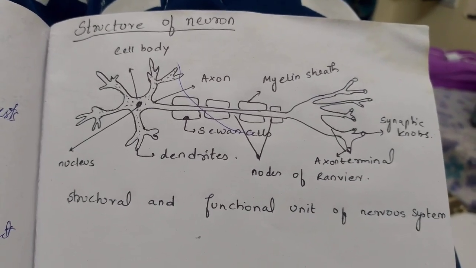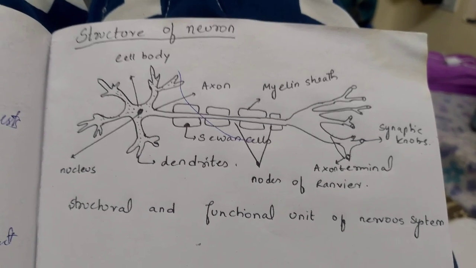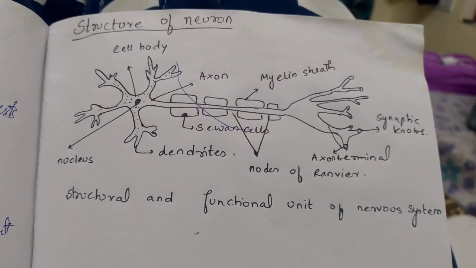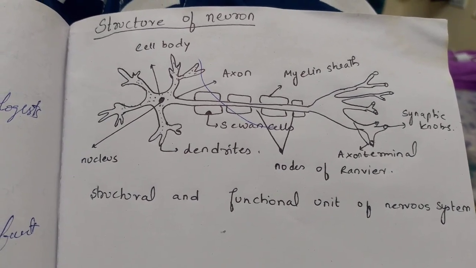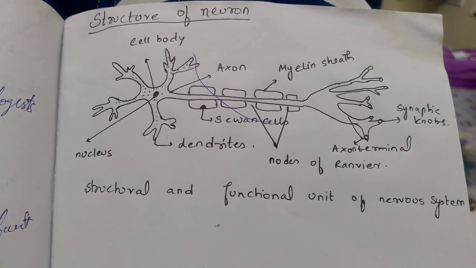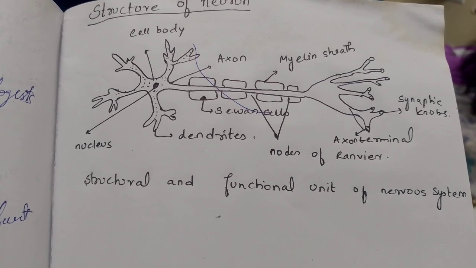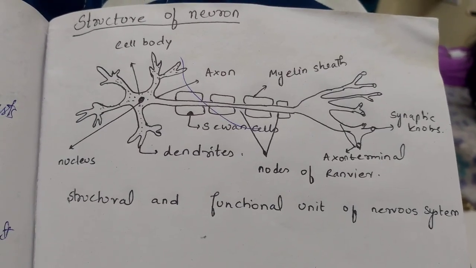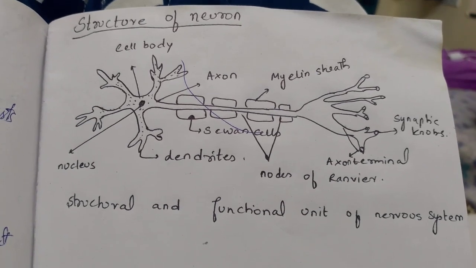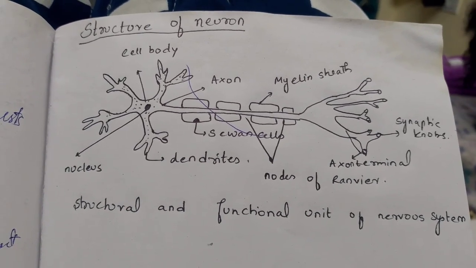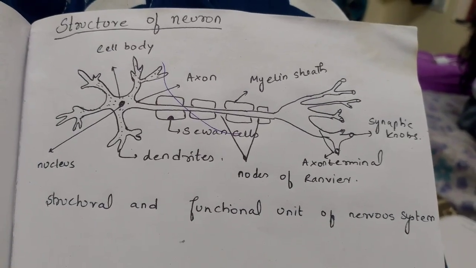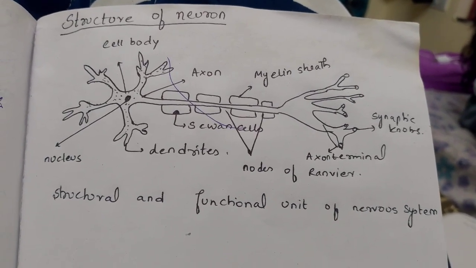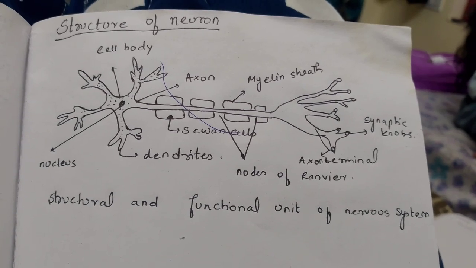It is an insulating layer made up of fat that wraps around the axon, which increases the transmission of nerve impulses, and it is produced by Schwann cells in the peripheral nervous system. The next one is the nodes of Ranvier, the gaps between myelin sheaths.